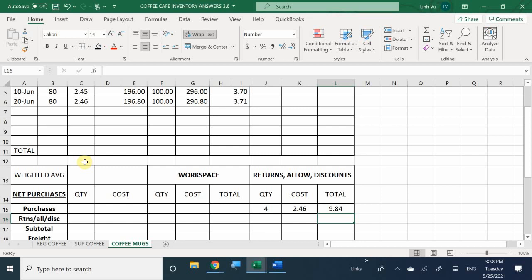Okay. So here's a perfect example of how we would use returns and allowances on a periodic inventory. So here we have 4 cracked mugs. We're looking at the cost per item of the most recent batch. All right. And here we solve that it is $984.